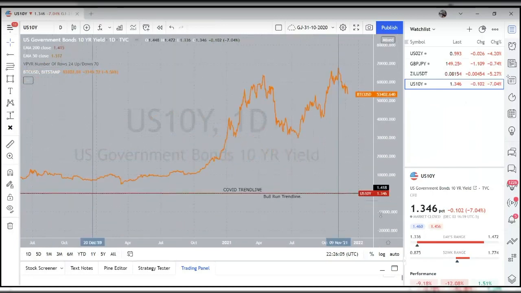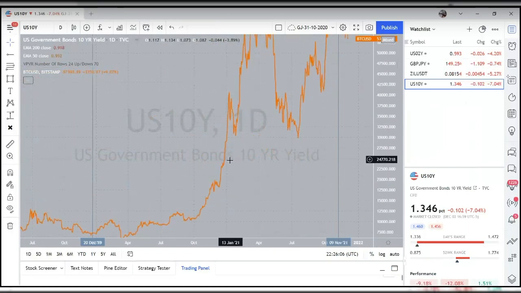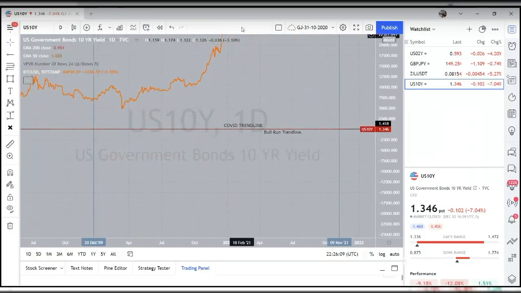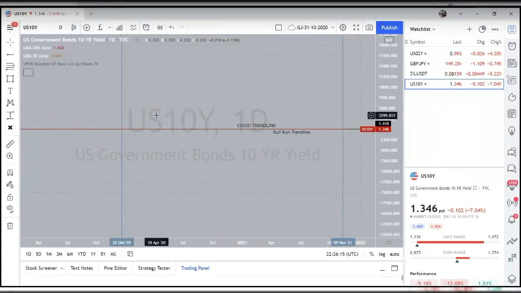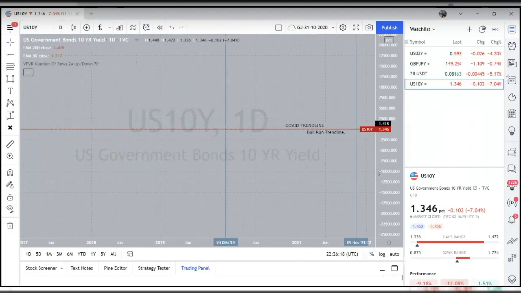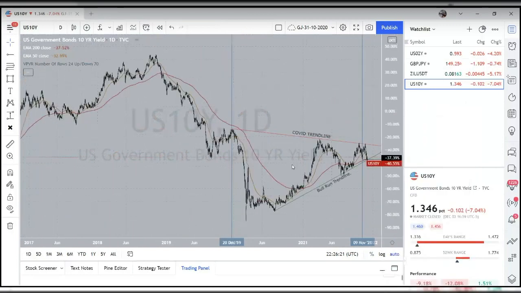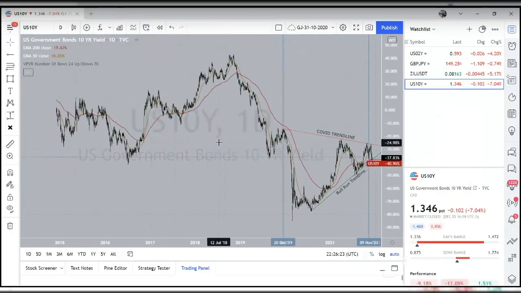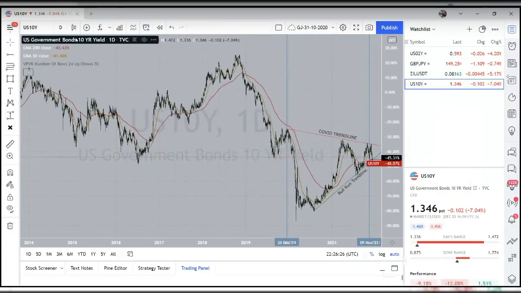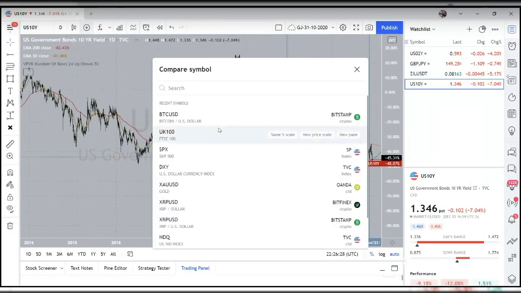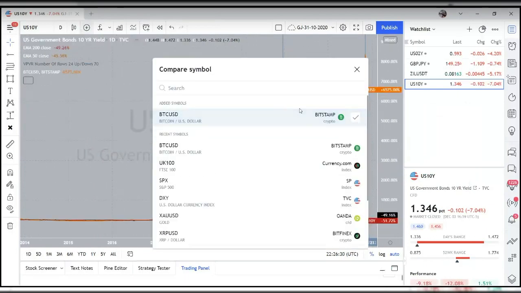I think I see what's happened. The chart's gone mad. Okay, let's get rid of that. I think. Oh, my bad. Know exactly what I've done.